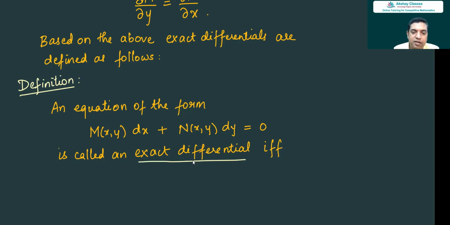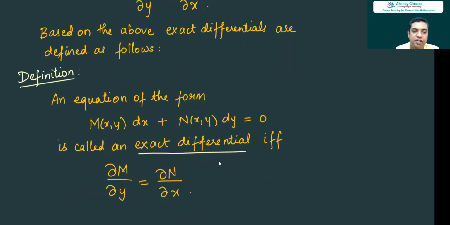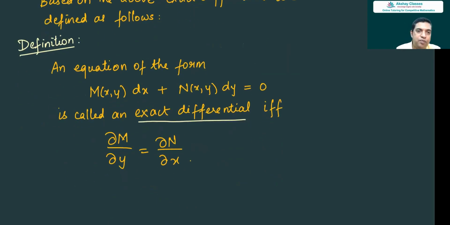That means, I'll just explain that: if dou m by dou y is equal to dou n by dou x, this is the definition of the exact differential.